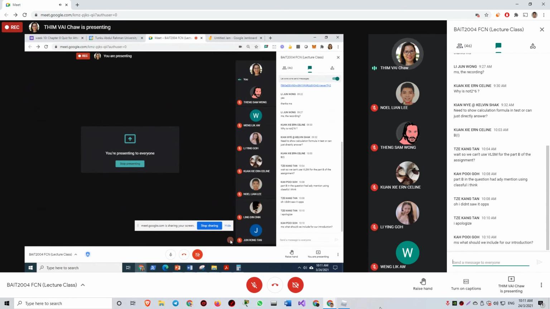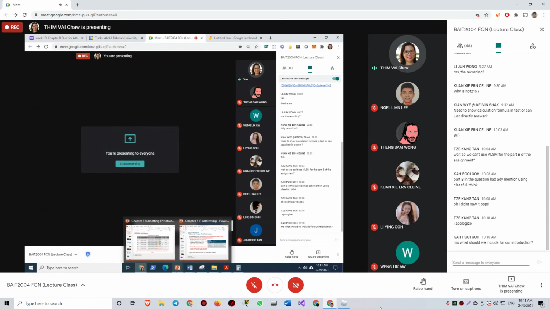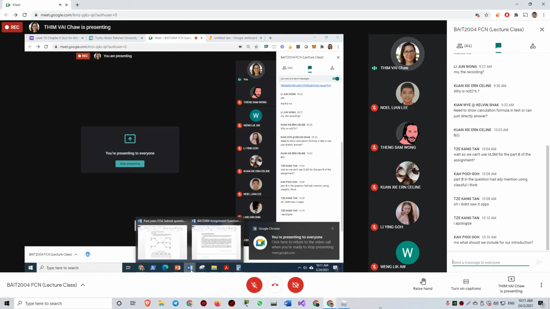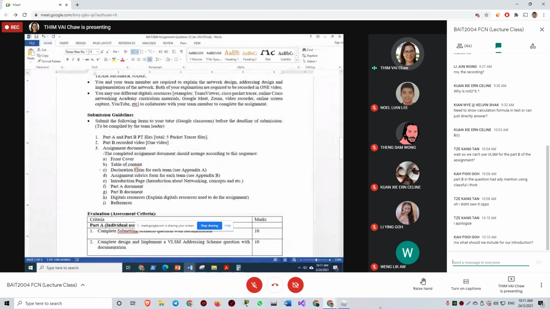Part B in the question had already mentioned using classful. Yes, I think I saw that. For the project, it should include an introduction. What should we include in our introduction? Just introduce your subnetting, which you just learned. Even though here it is given as an introduction, it is actually more of a table of contents.